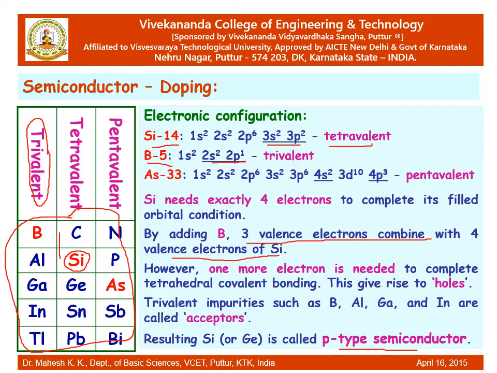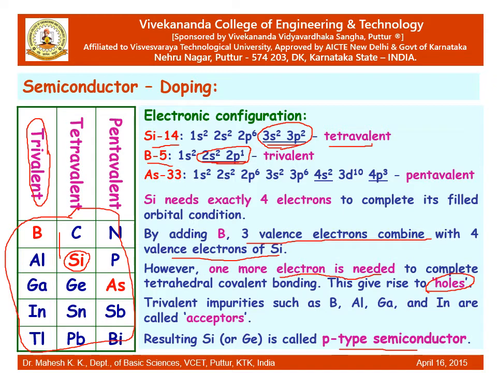So the 3 electrons present here are going to combine with the 4 electrons present in the silicon. One more electron is needed to have a complete tetrahedral covalent bonding. That needed electron means there is a vacancy. That vacancy is nothing but the hole. We call that a hole.